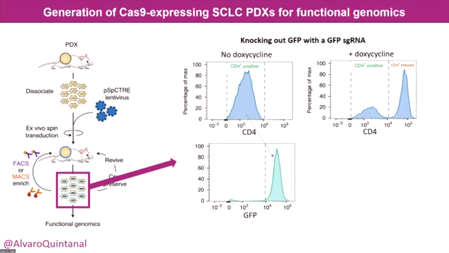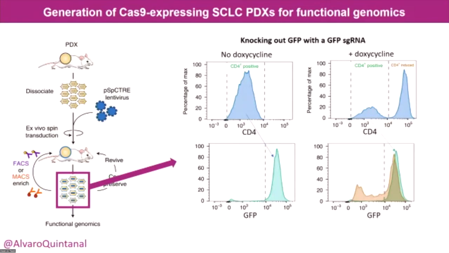induction of CD4. Only some of the cells will get induction of CD4, while some of them will remain positive, but not super positive. And when we have a look at what's going on here, if we gate for the cells that are positive but not induced, you see that the expression of GFP is maintained. And if you have a look only at the cells that get CD4 induced, you see there's a reduction of GFP.